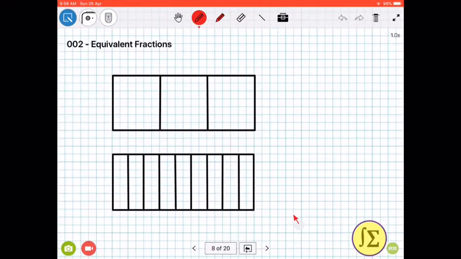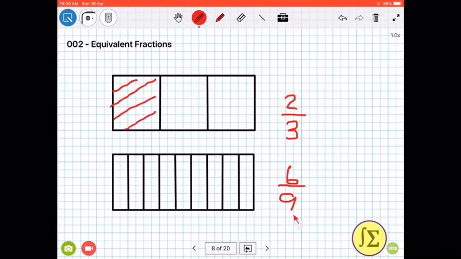For the first rectangle at the top, the whole has been divided into 3 equal pieces, and the same rectangle, the same size, here we have divided it into 9 equal pieces, and we want to show that 2 over 3 is the same as 6 over 9.